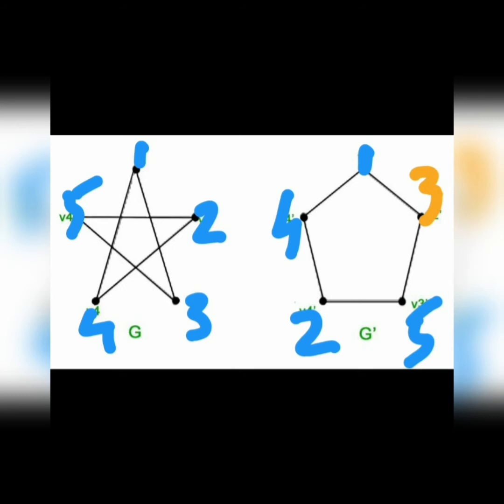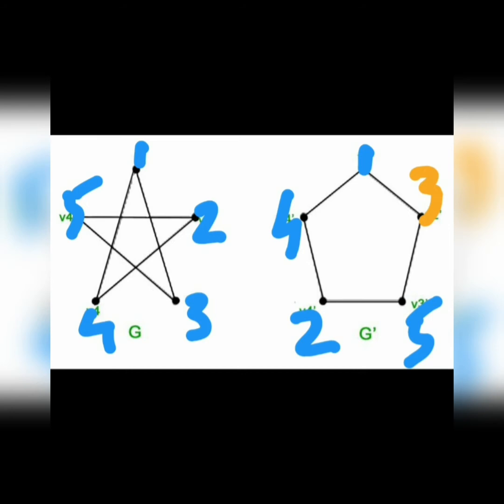For example, let's take the edge 1, 4 in G. Correspondingly, we have an edge 1, 4 in G dash. Similarly, 1 is incident with vertex 3 also. 1, 3 is an edge in G, and correspondingly in G dash also we have an edge 1, 3.